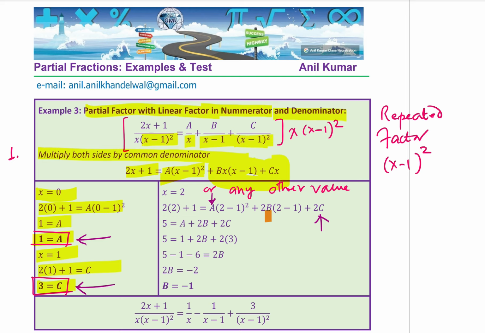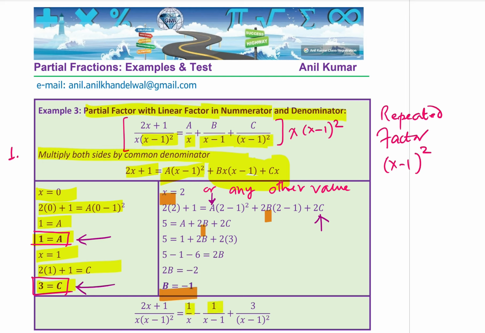So we can find now the value of b from this particular equation, since a and c are known to us. So you could choose any value. We chose 2. That's okay. You could choose any value, but not 0 and 1, right? You could choose minus 1, for example. That could be a nice value. Okay. Then you solve for b, that is the only unknown. So we get the value of b also, which in this case is minus 1.